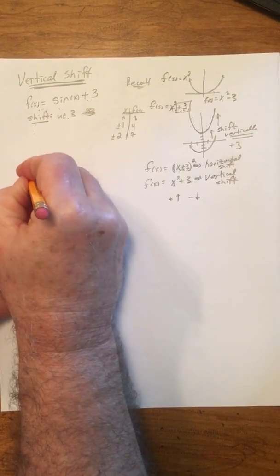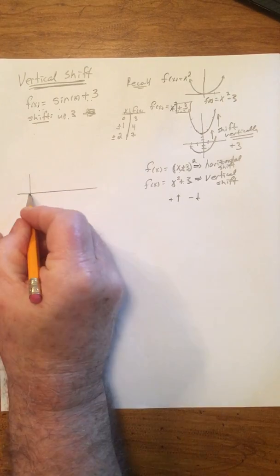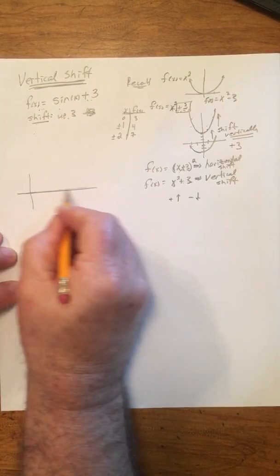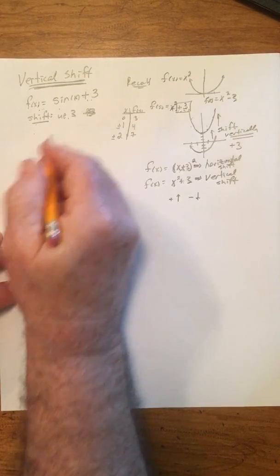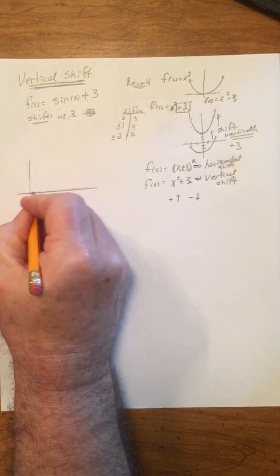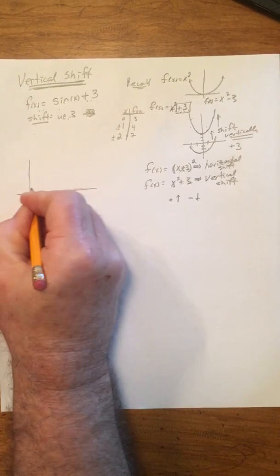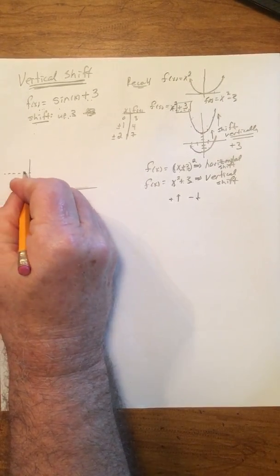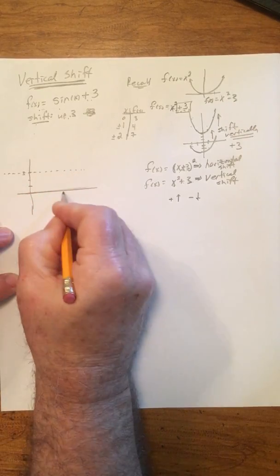Now here's what that means. Ordinarily, the axis, where the nodes fall, would be on the x-axis. But that needs to get shifted up 3 units. So the axis of the function, where the nodes will fall, is now going to be at 3. That's the midline.